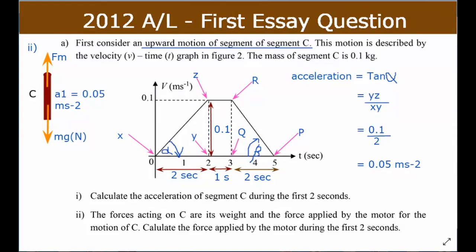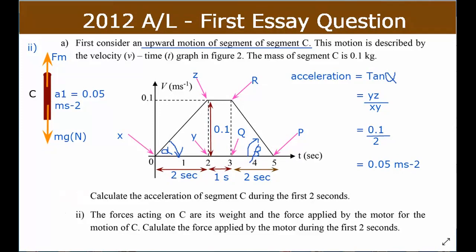Right. So let's just apply F equals ma to this segment C. We must indicate the direction. Do not forget to indicate the direction, vertically upward. There are two forces.